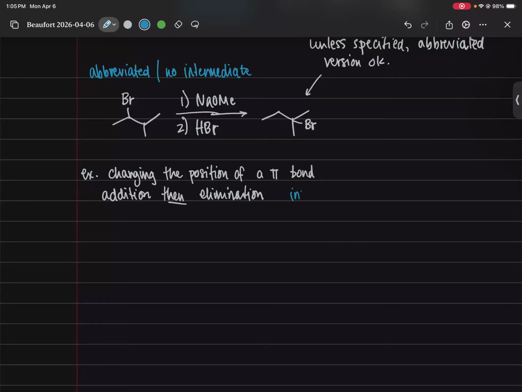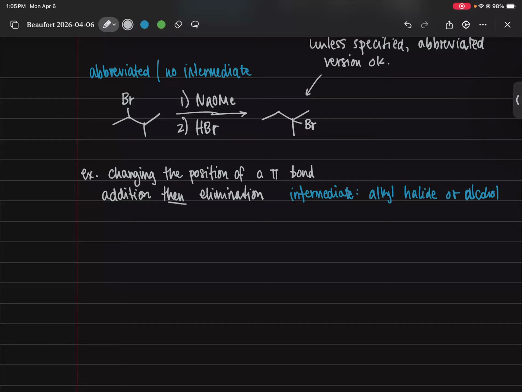And the intermediate is going to be an alkyl halide, or an alcohol. So what we're moving around, the pi bond, that's backwards. Addition and elimination, that's backwards, and then the intermediate is backwards.